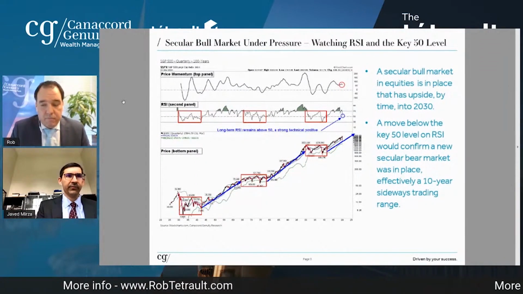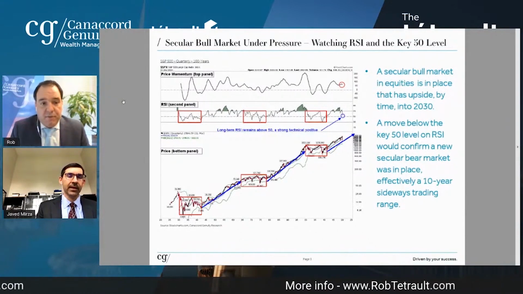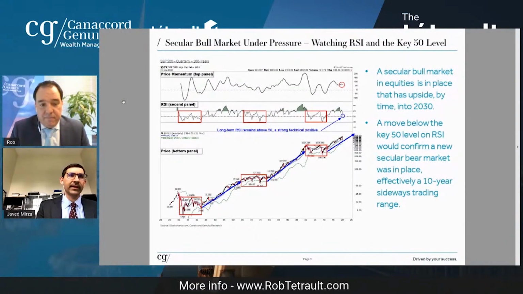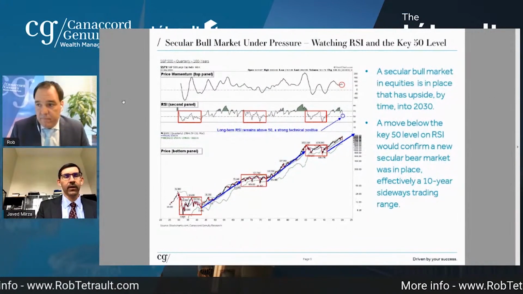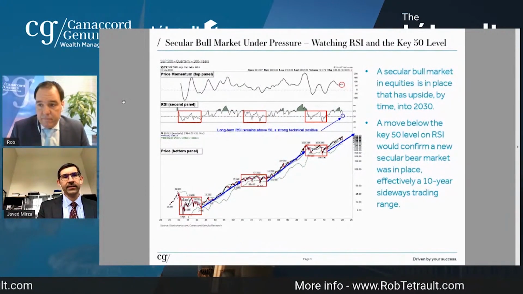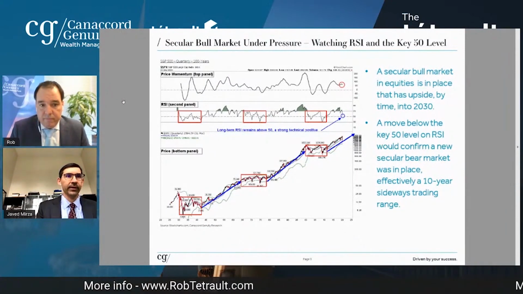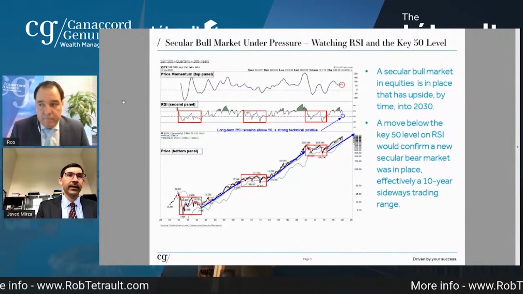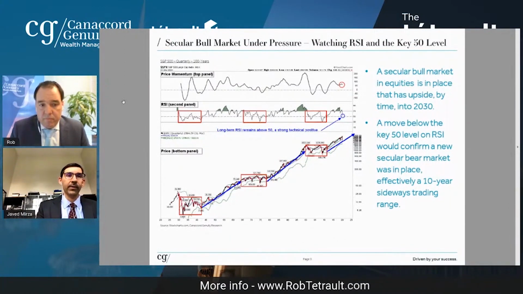The other indicator you asked me about is RSI. It's a pretty common technical indicator. It just measures the relative strength index, and all it's measuring is the relative performance of the price of the stock over the last 14 periods. If it's trending higher, it's telling you that the stock is moving higher over that time frame, and if it's trending lower, it's telling you it's moving lower.